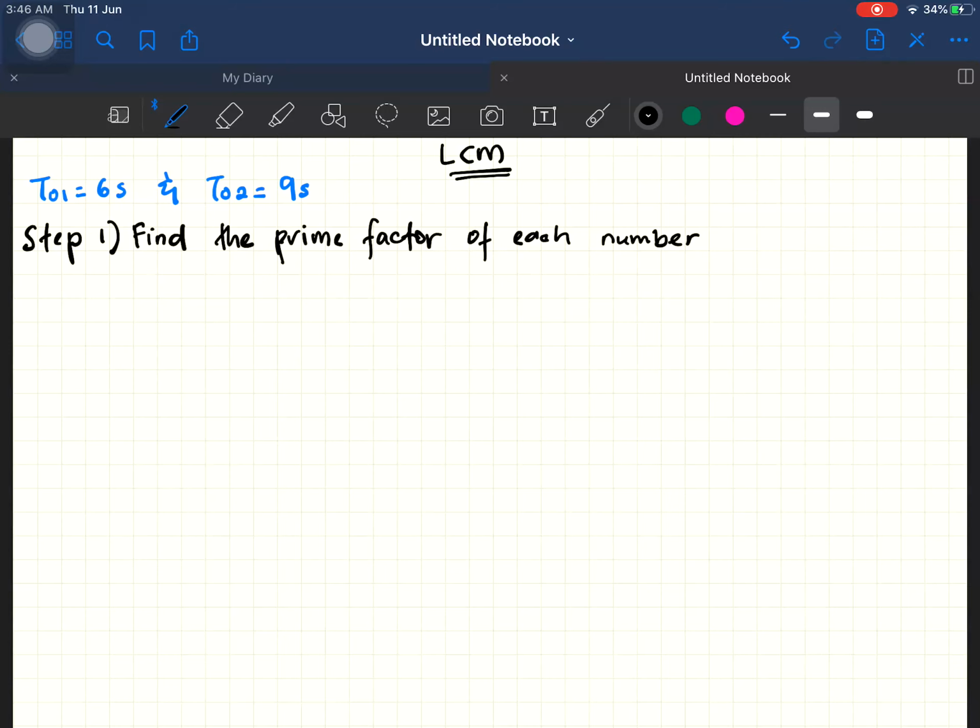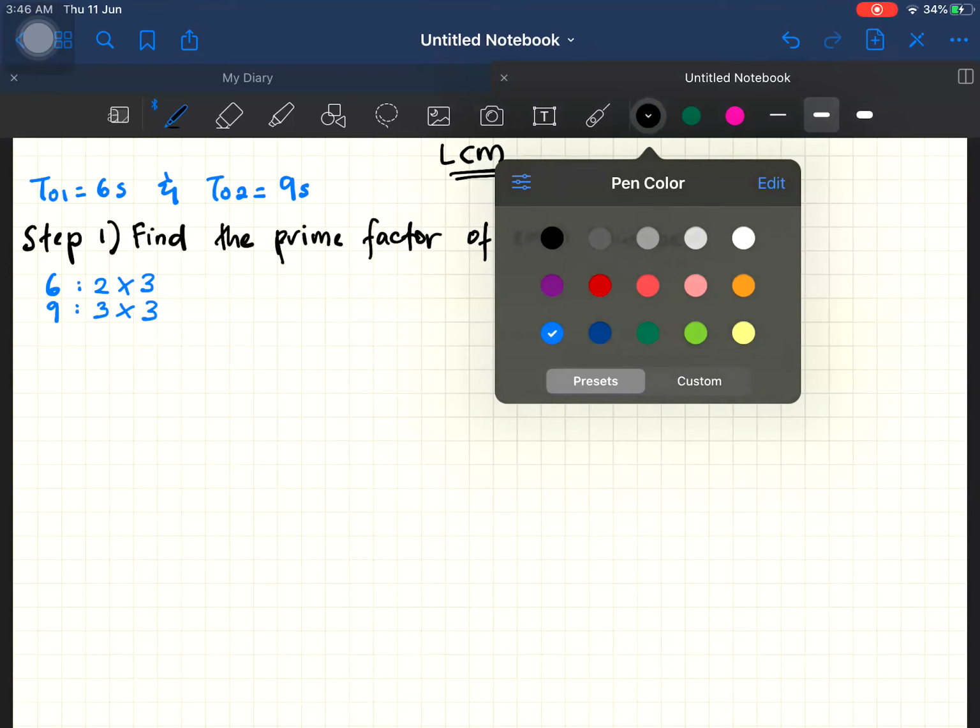So you have number 6 and number 9. 6, if you decompose it to its prime factors, is 2 multiplied by 3, while number 9, the prime factors are 3 times 3. 2 and 3 are prime numbers. You cannot divide them to make a smaller number, so they are the prime factors.